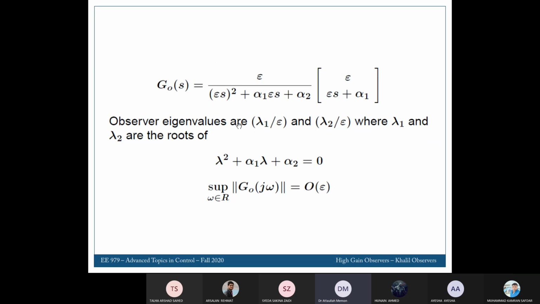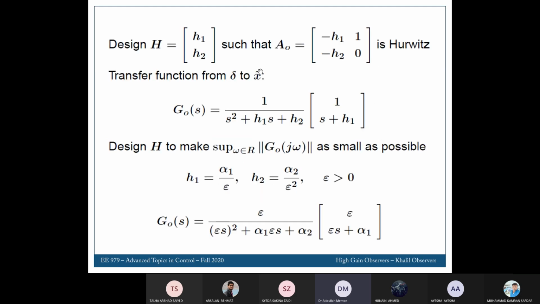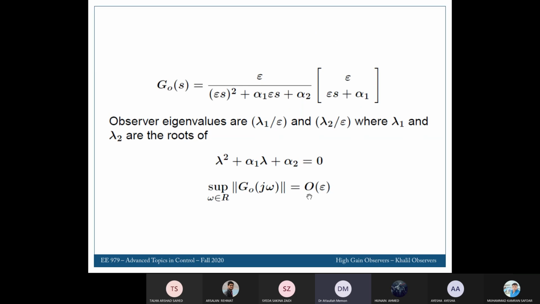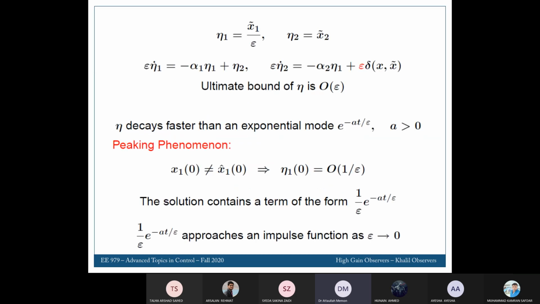And if we see here, when we are assigning the observer eigenvalues, we get this equation, and it renders the error from delta to x tilde of the order of epsilon. If epsilon is kept really small, the estimation error is very small.